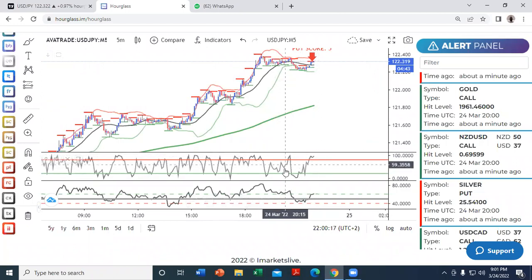What does stochastic do? Stochastic shows you when the market is oversold or overbought, right? What do I mean? Remember I told you red are for sells, green are for buys. It means whenever price comes to the red line, you're looking for a sell. Whenever price comes to the green line, you're looking for a buy.